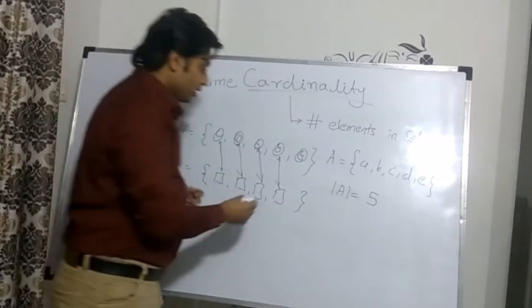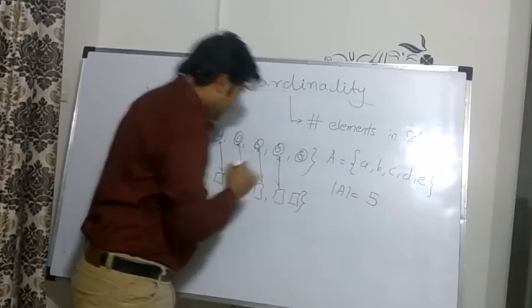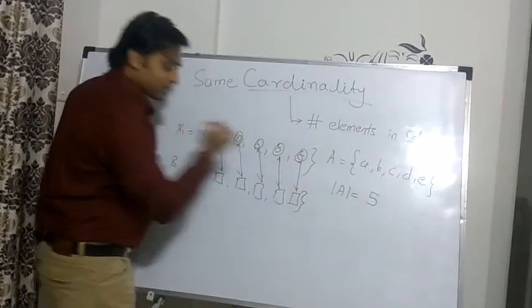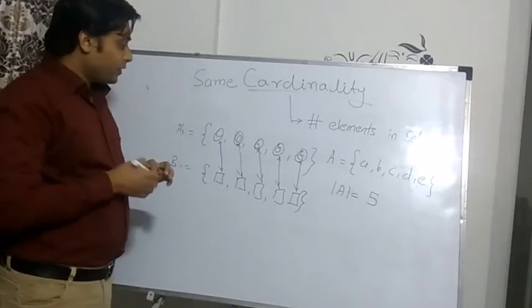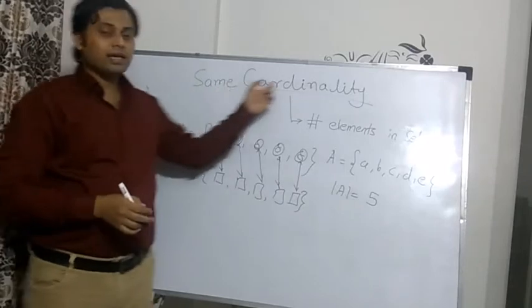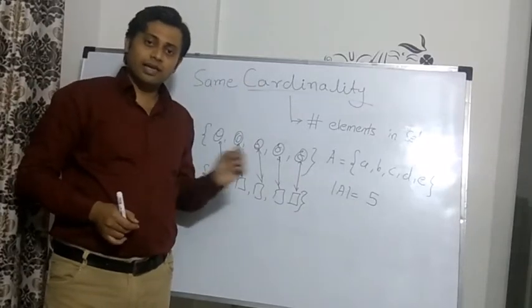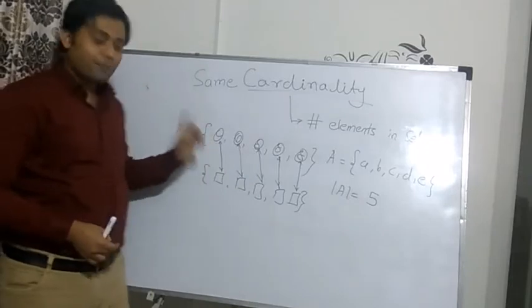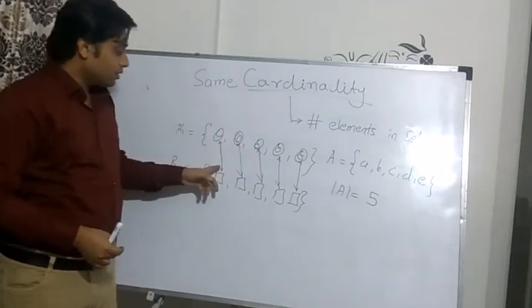Now assume that there is one more element in set B1. Then we can map the extra element of A1 with this element. Once we finish this mapping, we will come to know that A1 and B1 have the same cardinality. This mapping is something particular.